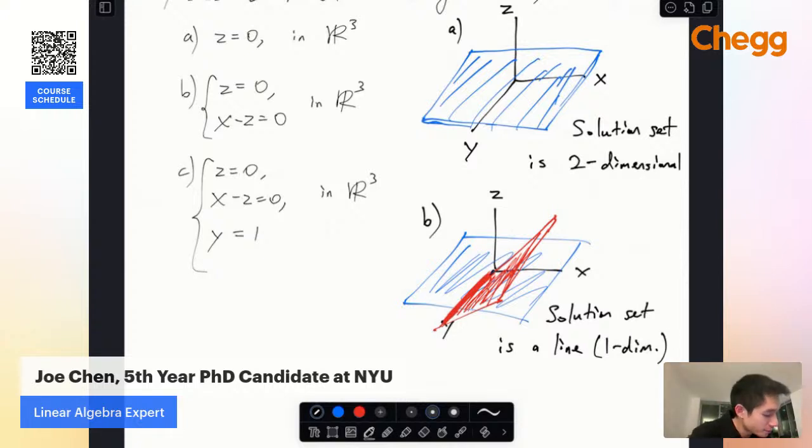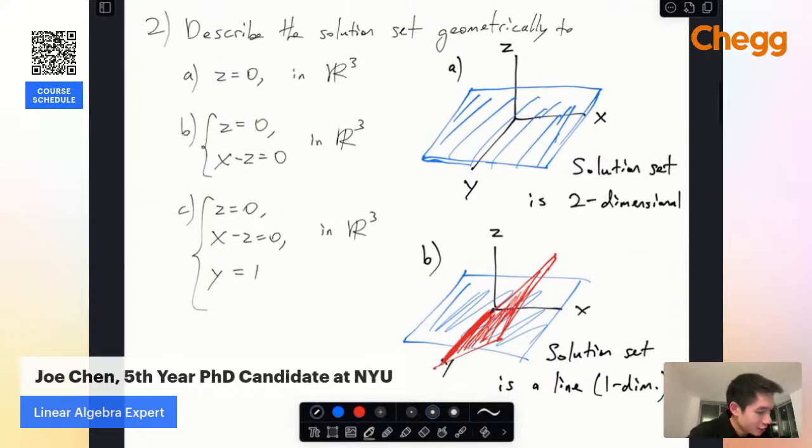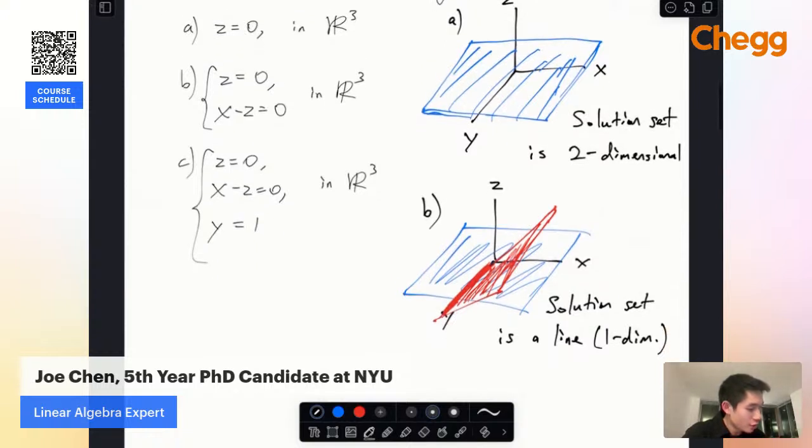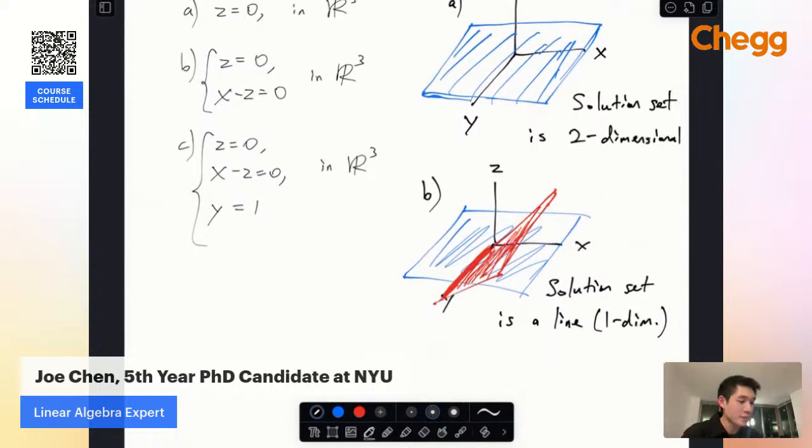And so we started with R3 here, and now there's two equations. And so those two constraints each knock down the solution set by one dimension. You can think of it like that.